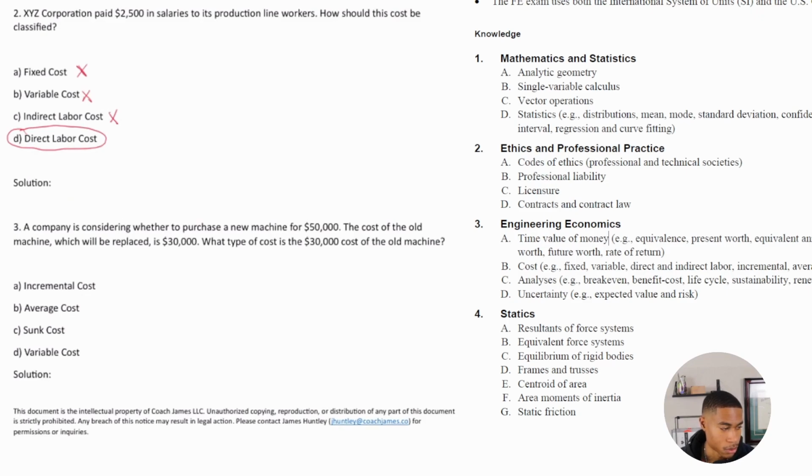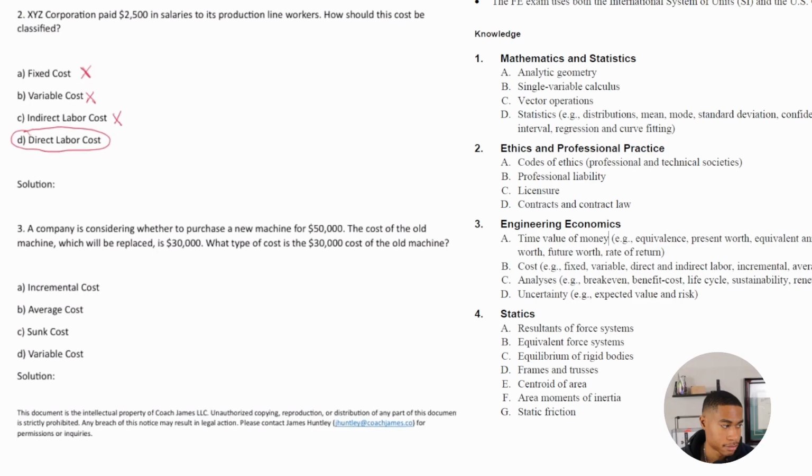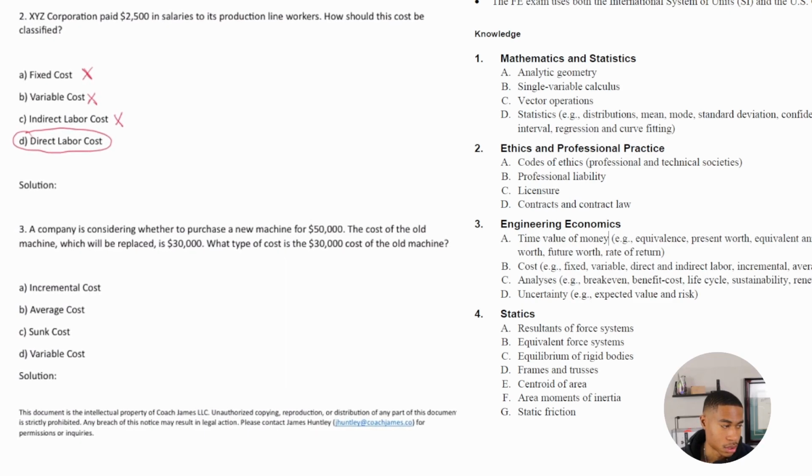Okay, so incremental cost means cost that happens in different increments. So that would be like every quarter you need to buy a new blade for the machine. Right?